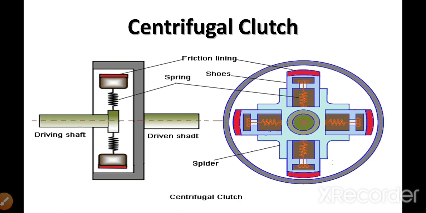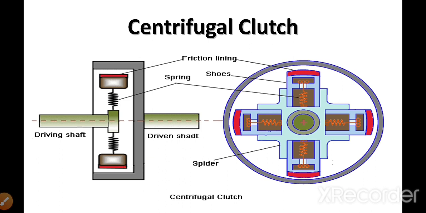Whatever motion and torque is available on this driving shaft is transmitted to the rim of this driven shaft because of this frictional resistance. So a frictional force comes into action in the working of the clutch.